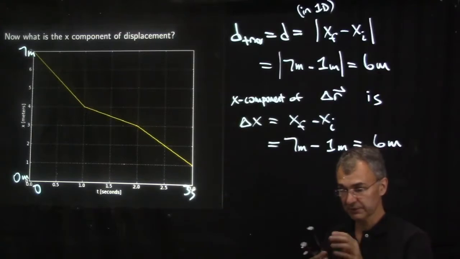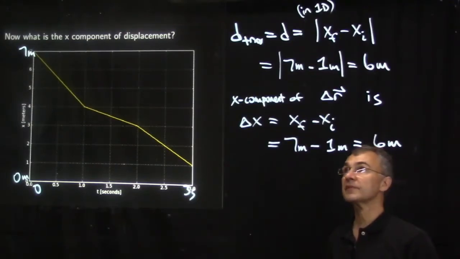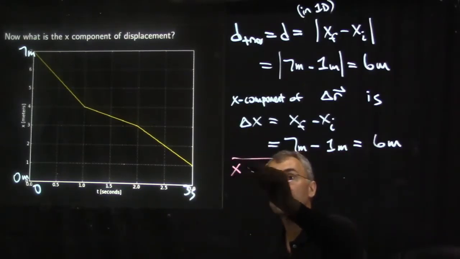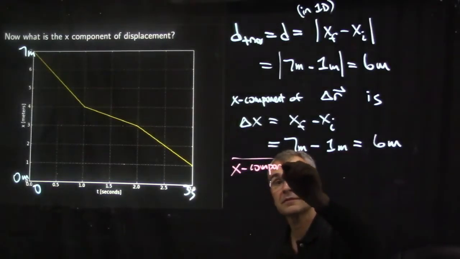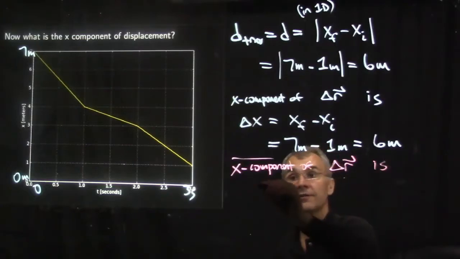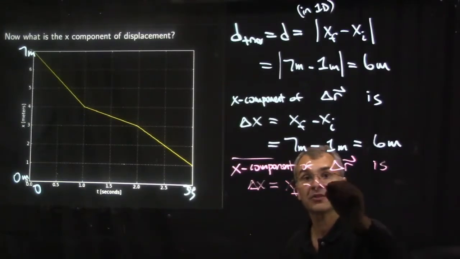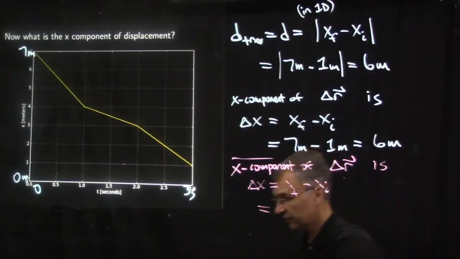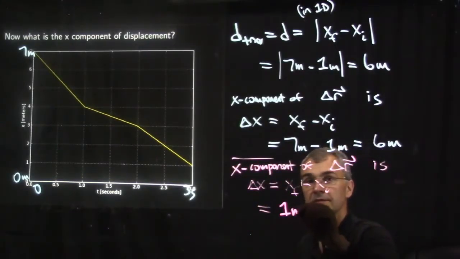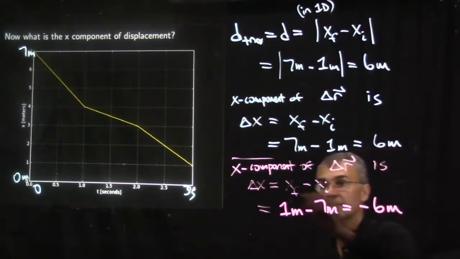Now we've changed the problem a little bit. We basically reversed course. Now what is the x component of displacement? Well, now the x component of displacement, delta r being the displacement vector, is delta x, which is x final minus x initial, which is 1 meter minus 7 meters, which is minus 6 meters.